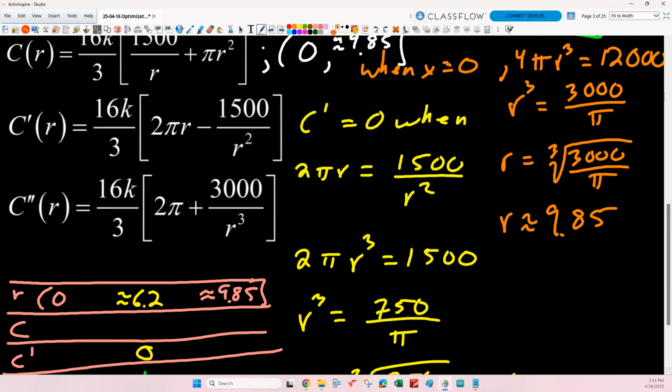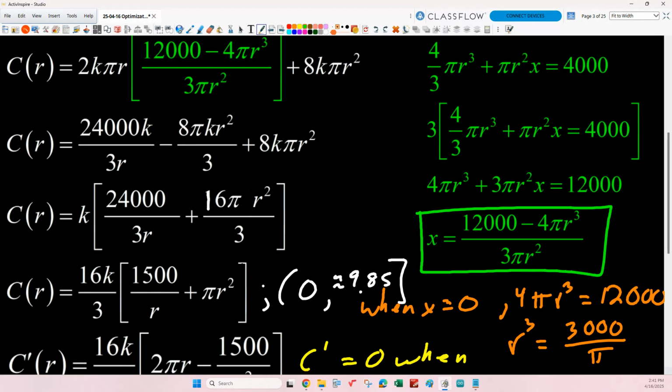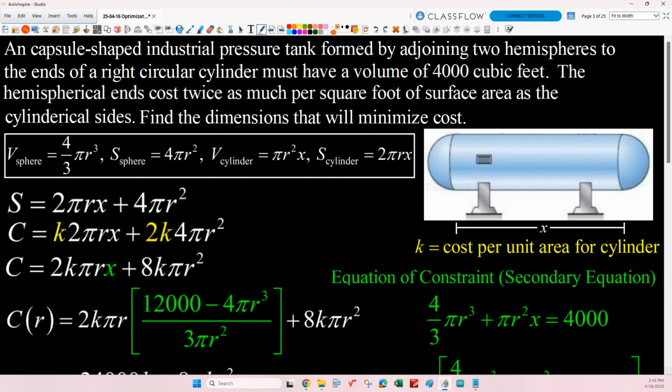We found r is about 6.2, so to find x, we would just plug 6.2 in and see what the other dimension is. And that would be it. That's pretty cool that we can do that, right? That would be the exact dimensions of the container that would minimize cost while holding that volume. That's pretty incredible that we can do that, I think. I mean, hopefully you appreciate that. You would have no chance of even approaching being able to do that without calculus.